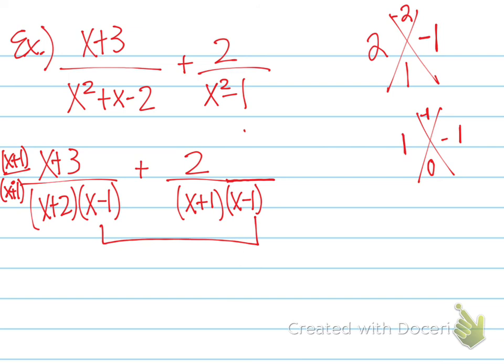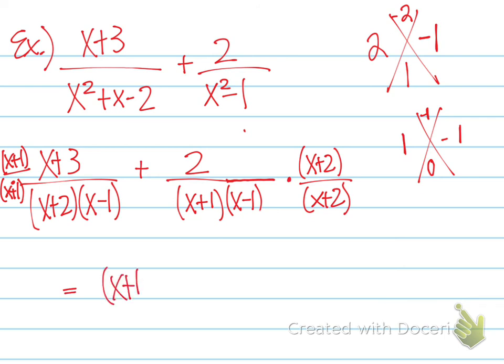And the right side is missing x plus 2. So here you have to do something on both sides. So now my denominator is the same. It has three factors. It has an x plus 1. It has an x plus 2, and it has an x minus 1.